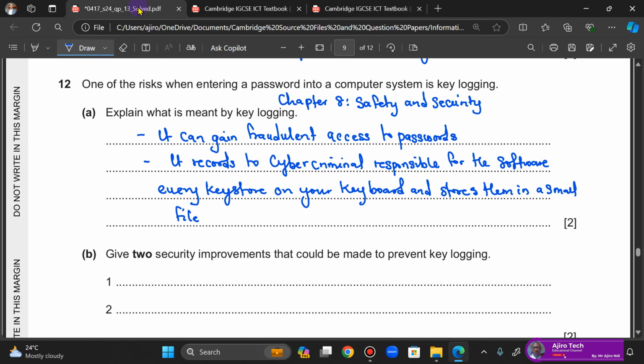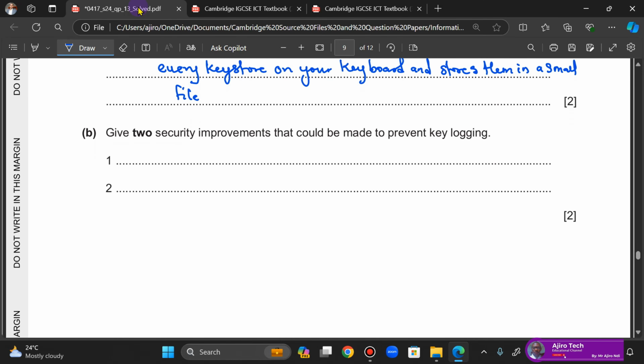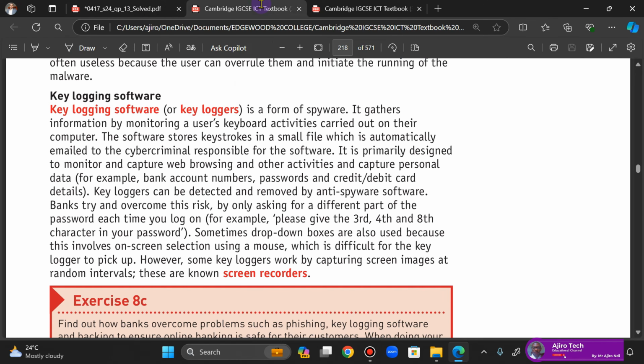Give two security improvements that could be made to prevent keylogging. So what are the ways we can actually do to prevent it? It can always be detected and removed by anti-spyware software. You can use drop down boxes, or you can use an on-screen keyboard using a mouse.